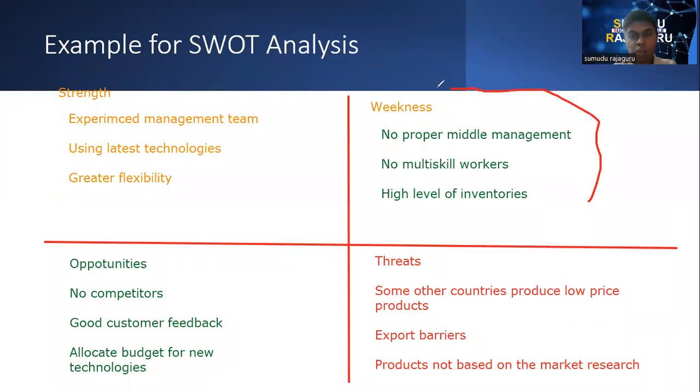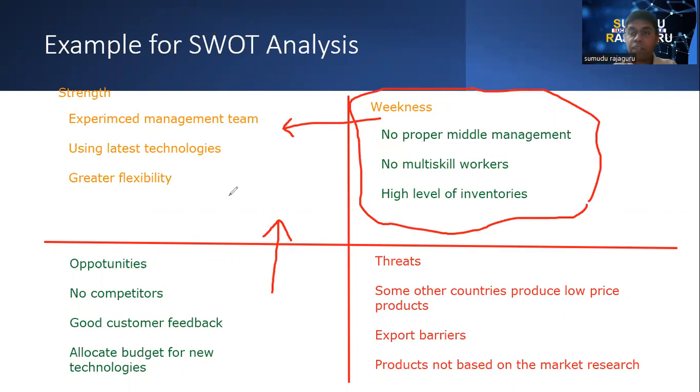Then the organization needs to make a plan for how to transform this weakness into strength. Then the organization needs to think about the opportunities, and should take the opportunities and increase the strength.